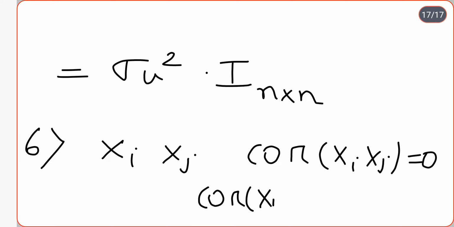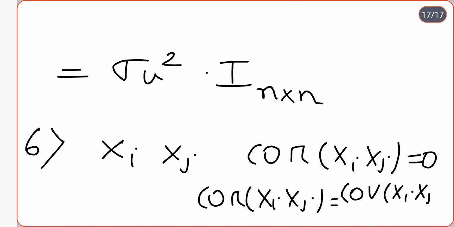We all know that correlation is nothing but covariance between xi and xj divided by sigma of xi and sigma of xj.